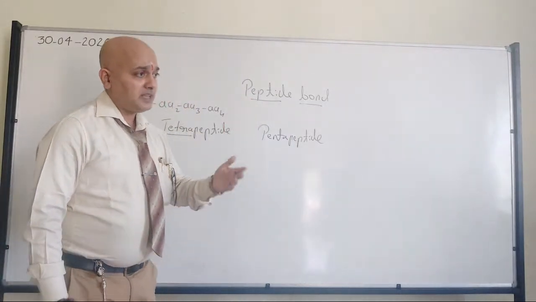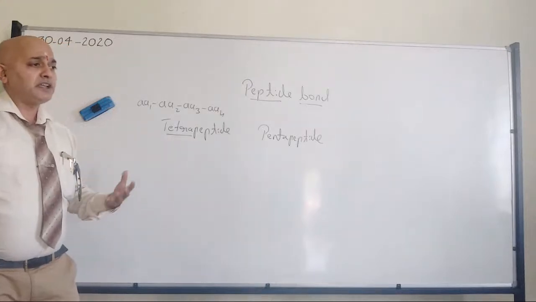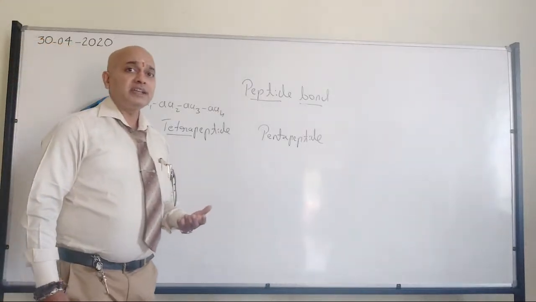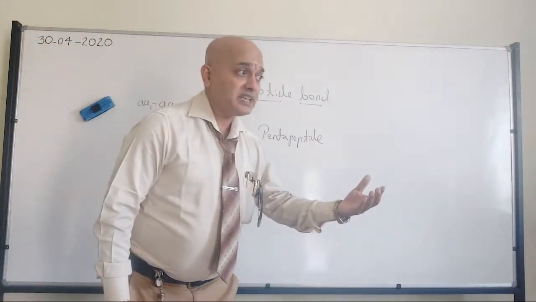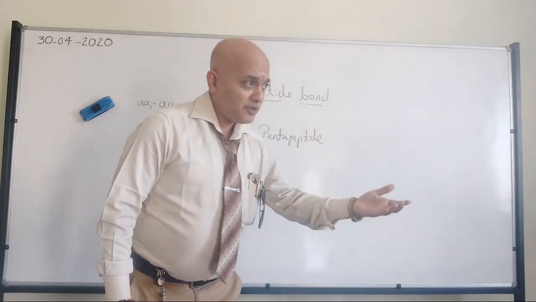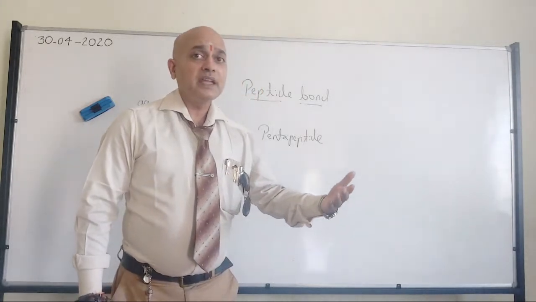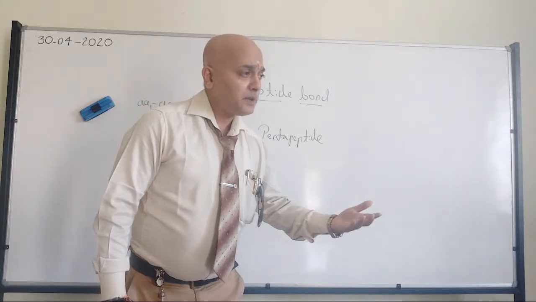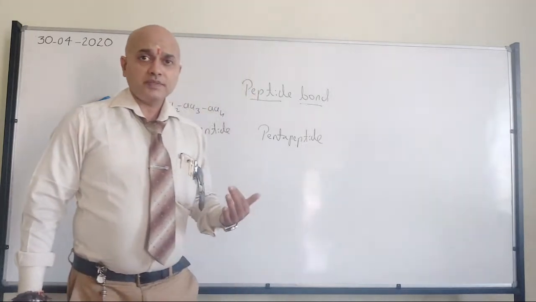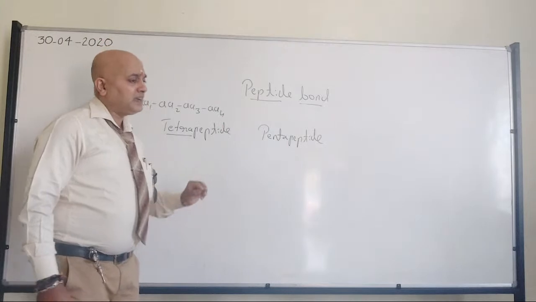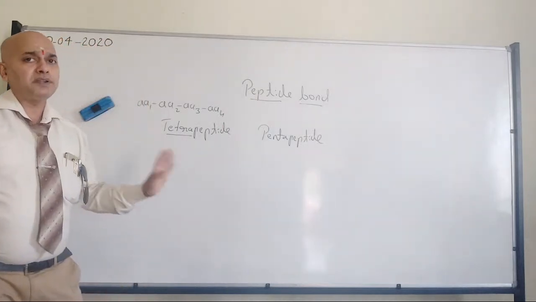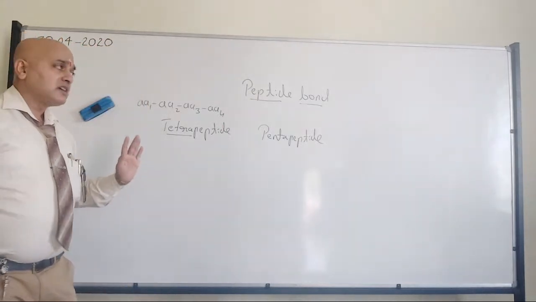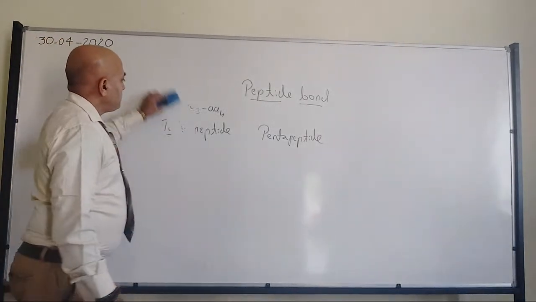So what I mean to tell here is, whatever name is given, that will be the number of amino acids, and the number of peptide bonds will be one less. That one you should keep in your mind. It may help for your competitive exams. Fine? So that is related to peptide bonds.